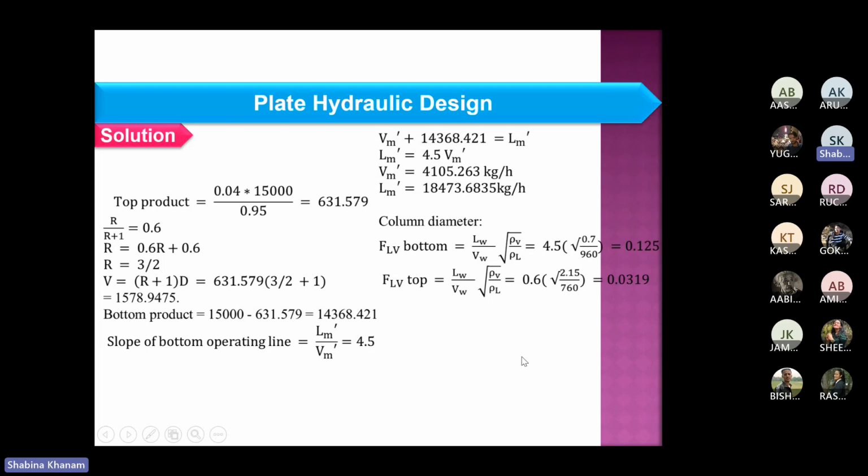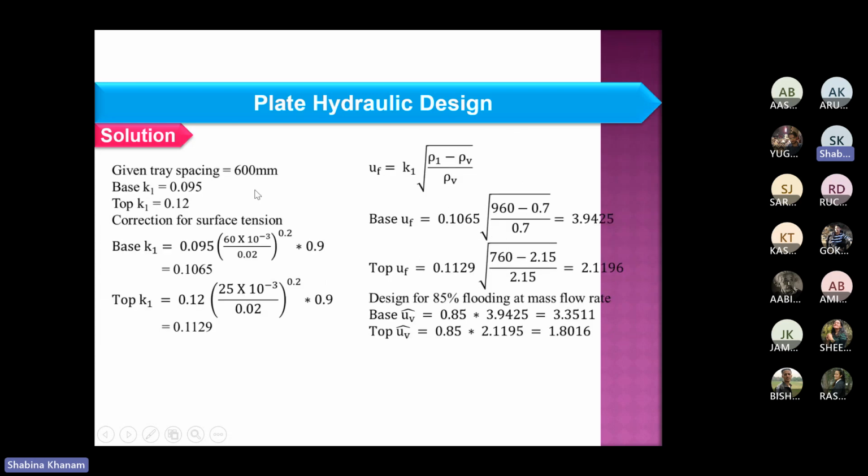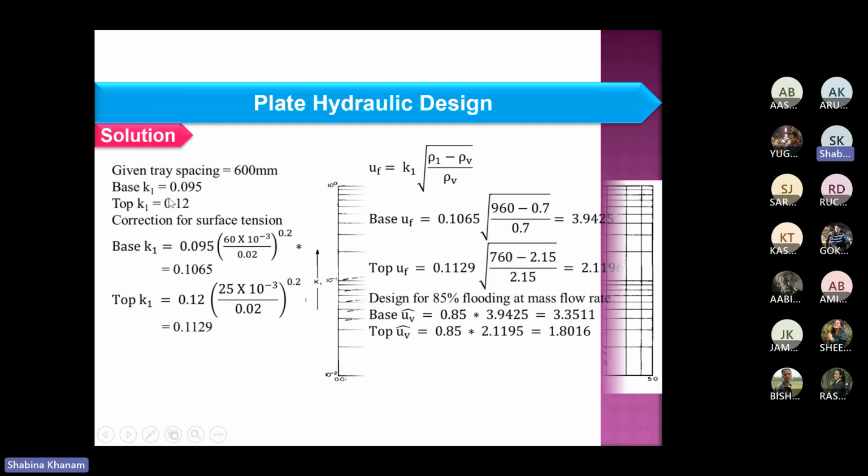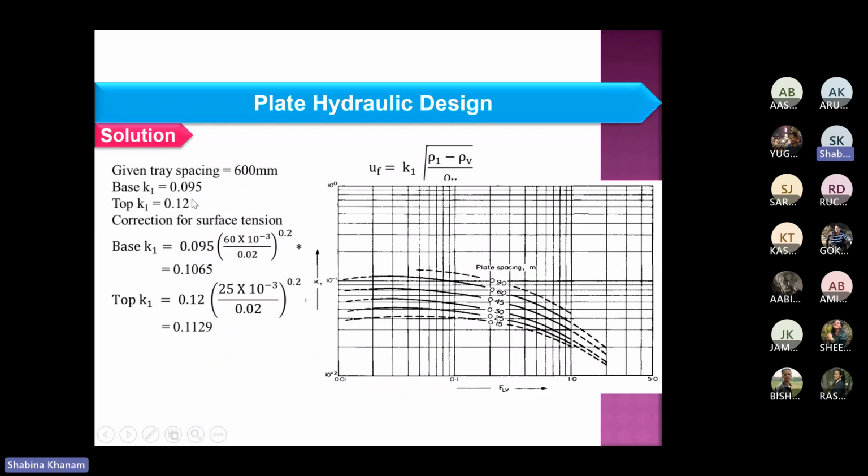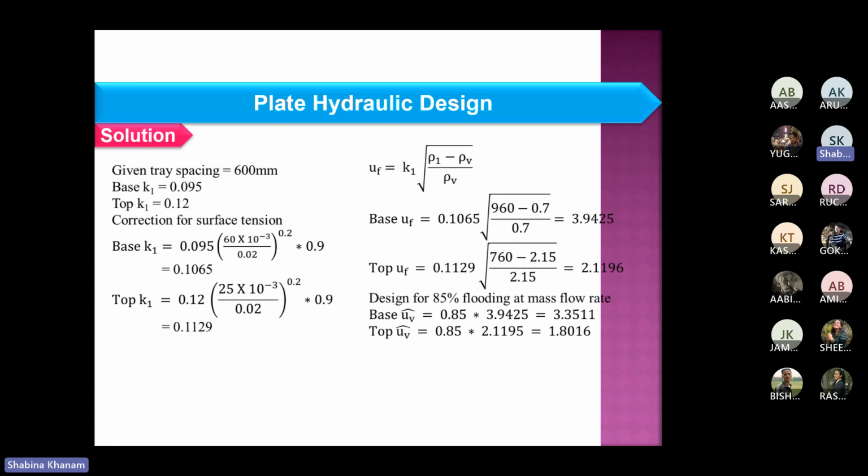So FLV we can find. Okay. Now your plate spacing is given as 0.6 meter, and from here FLV for top and bottom you can find out K1 for top and bottom following this 0.6 line. Okay. Now once I'm having this, we need to consider the correction factors.